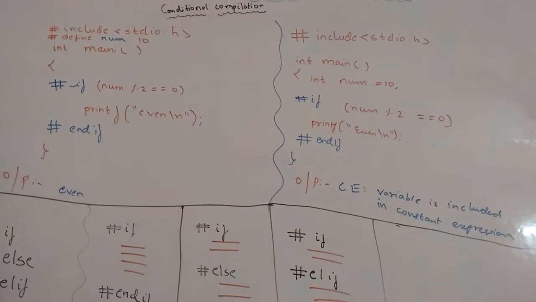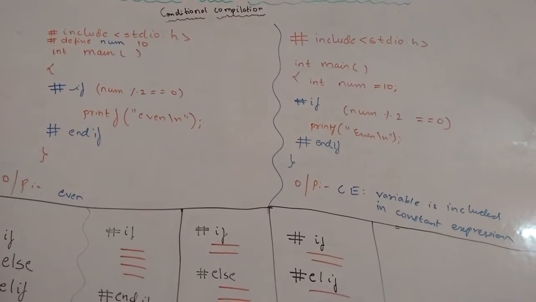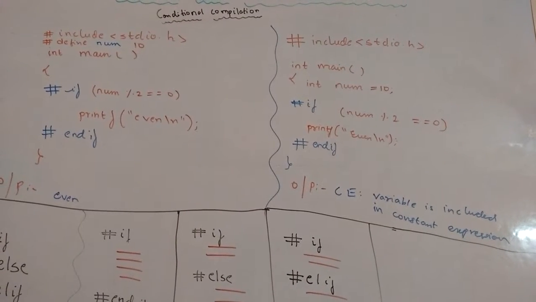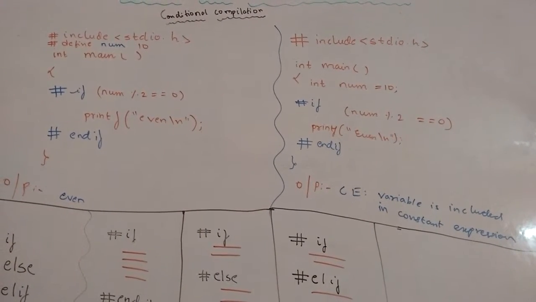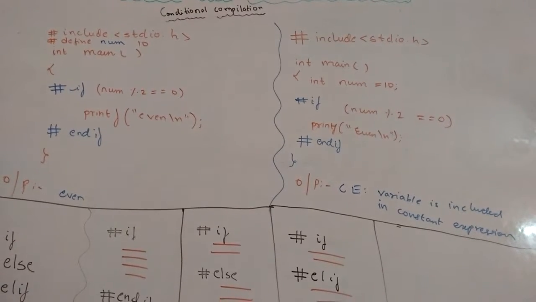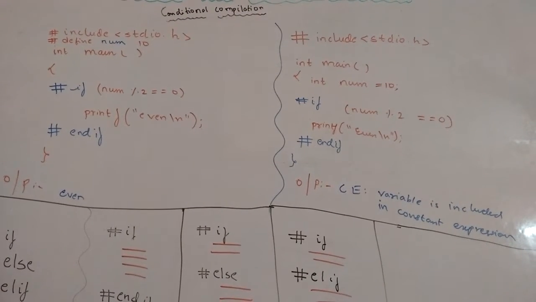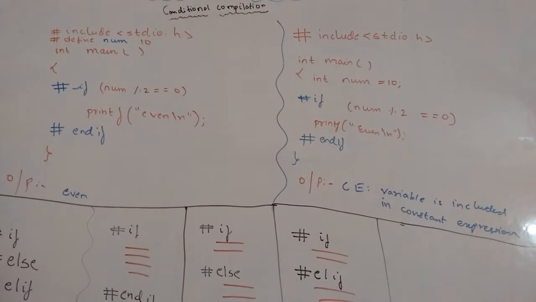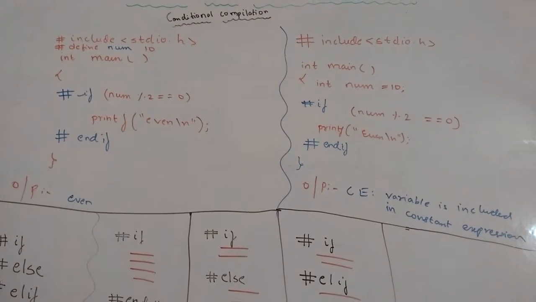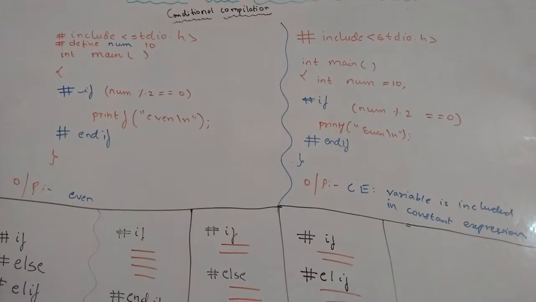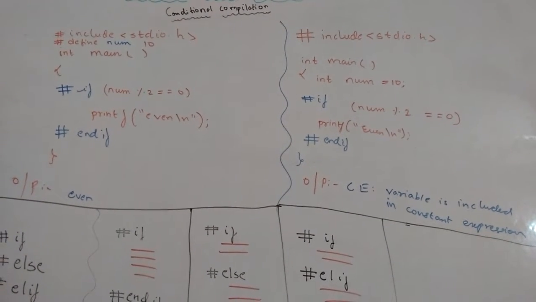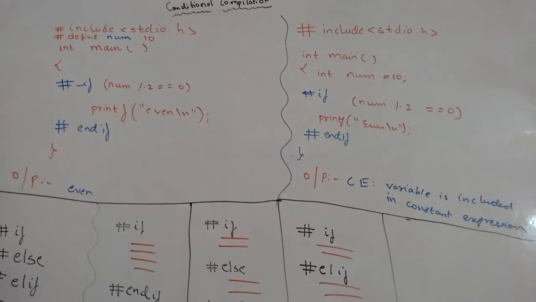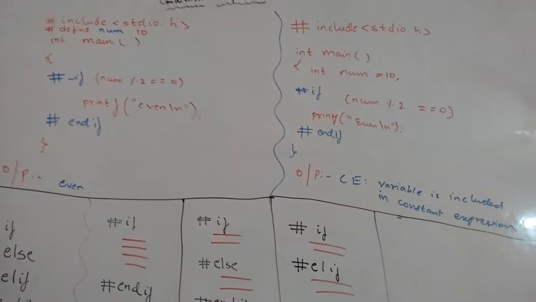In the condition checking part, we are supposed to use only constant expressions. In the first program, num mod 2 is equal to 0 has num as a constant value and everything is a constant. There are no variables as such. So the whole expression is a constant expression. Its value will not depend on any variable. Only such expressions can be used with the hash if construct.